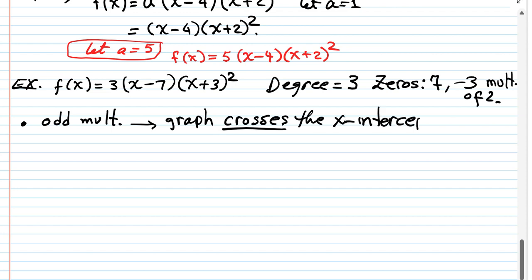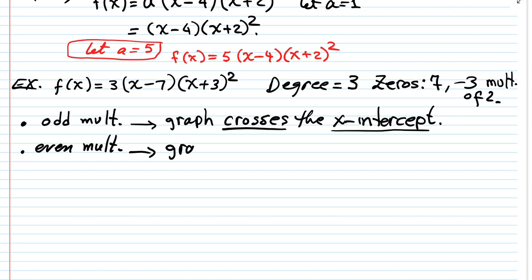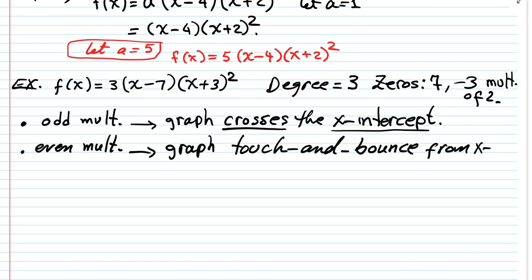And if you have even multiplicity, the graph will touch. The graph will not cross, it will touch, and indeed I'm going to add touch and bounce from the x-intercept.